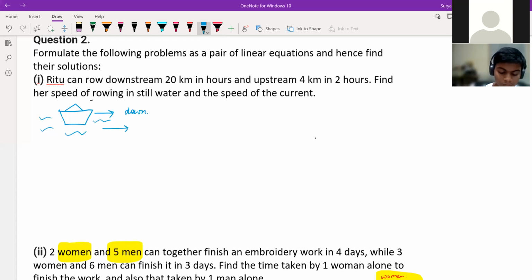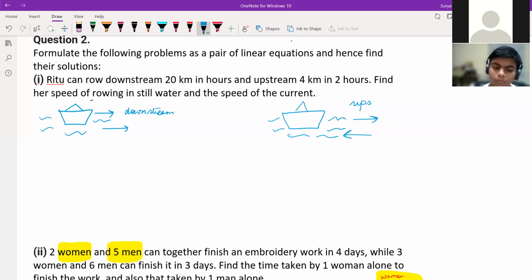Downstream. If the boat is going in this direction and water is going in this direction, this is known as what? Upstream.